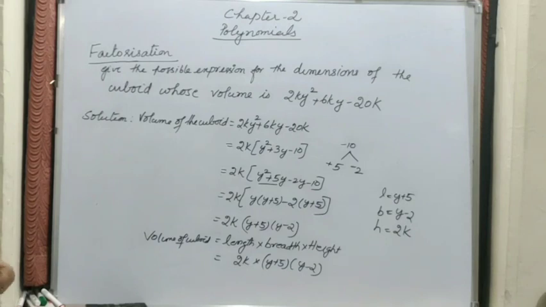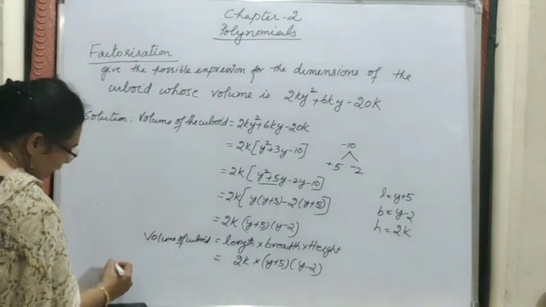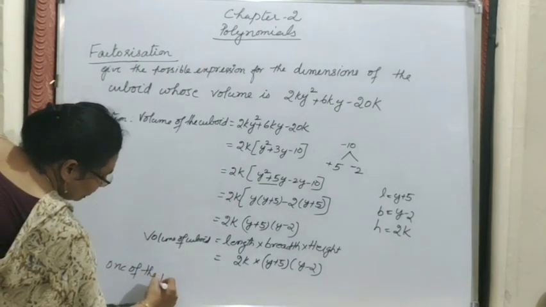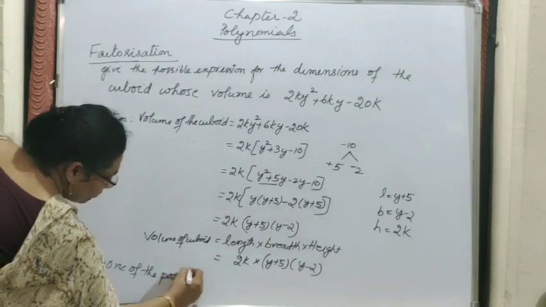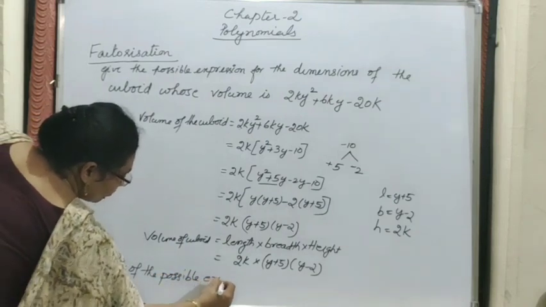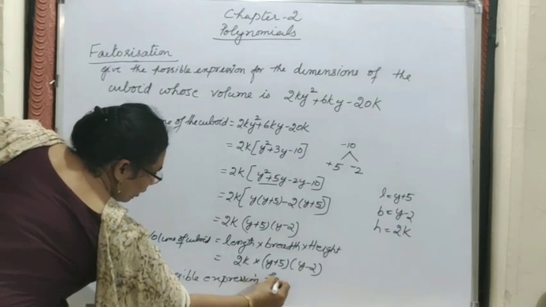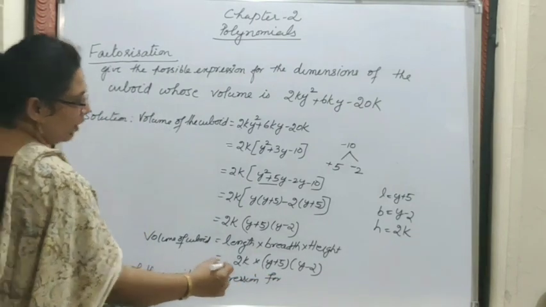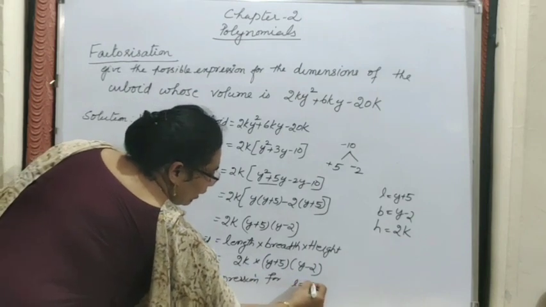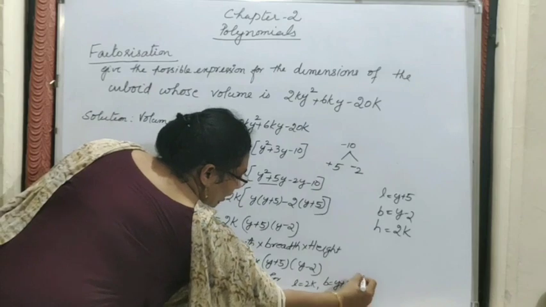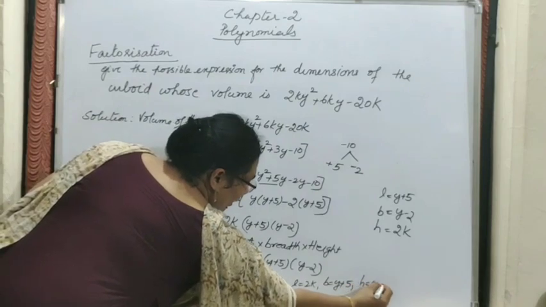So one of the possible expressions, I can write in many ways, right? So one of the possible expressions: L equal to 2k, B equal to y plus 5 and h equal to y minus 2.